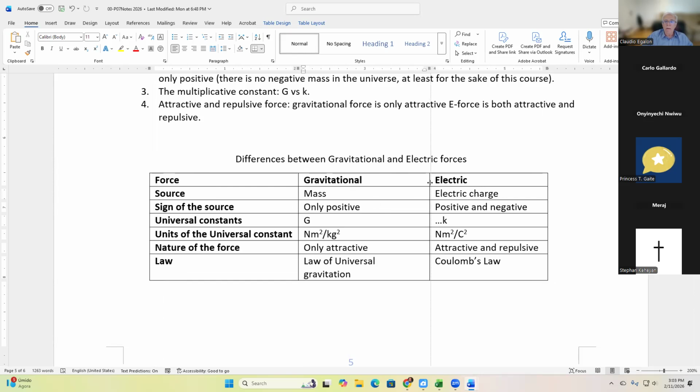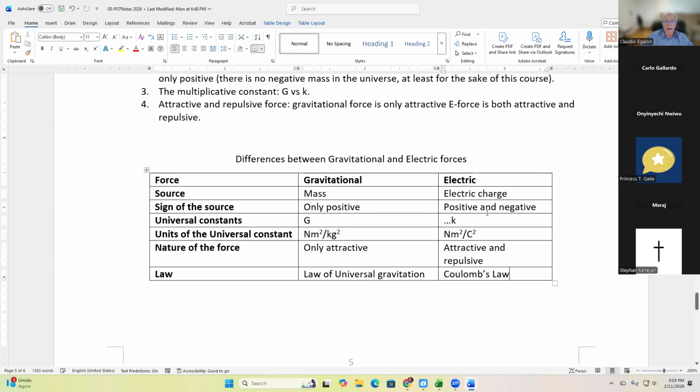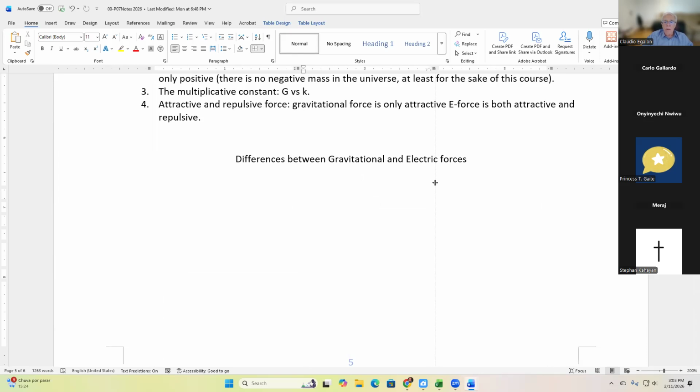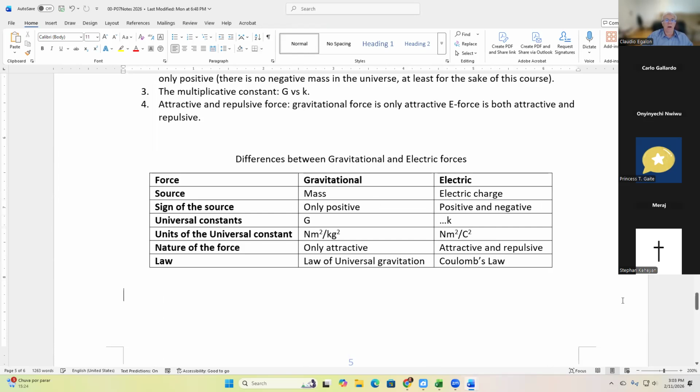Extend a little bit like that. Yeah, good. Now we got it. Okay, so that's the difference in table format.